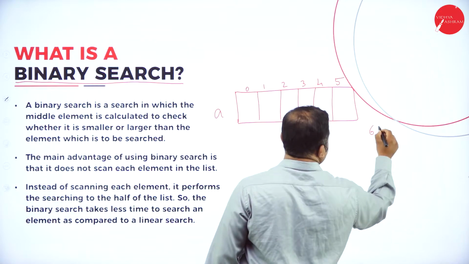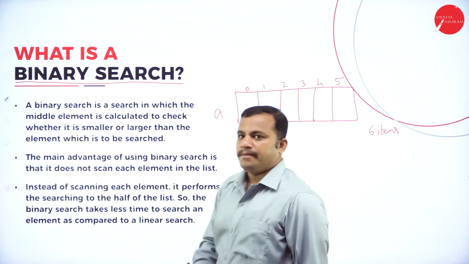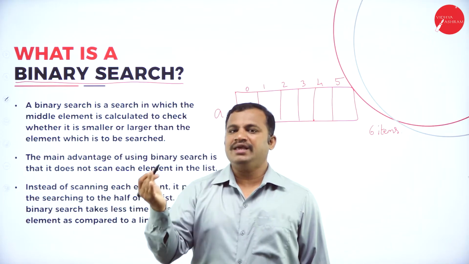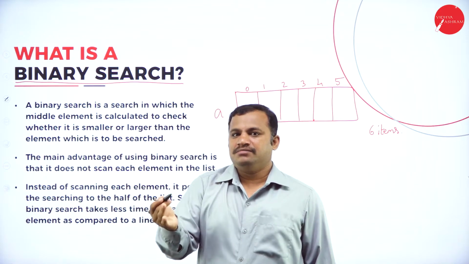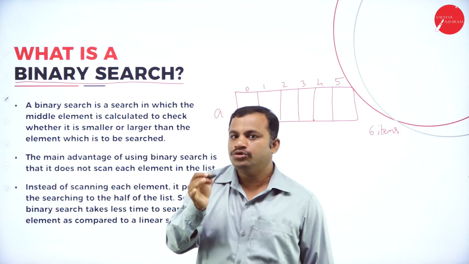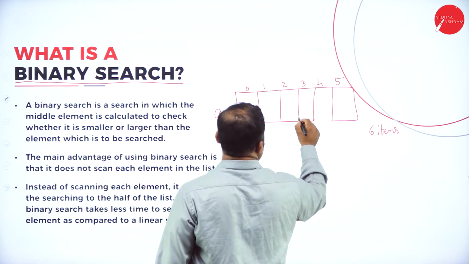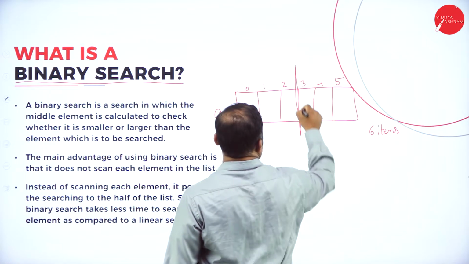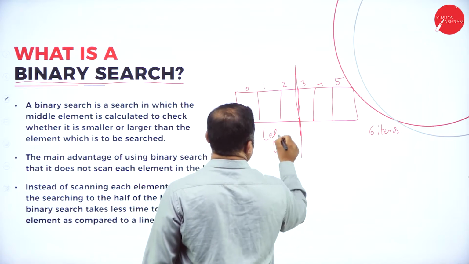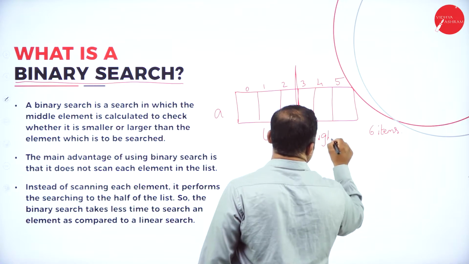Totally, we have 6 items in this list. Bi means 2. We will split the array into 2 parts. Now towards the left part, I have this array, and towards the right part, I have this array.